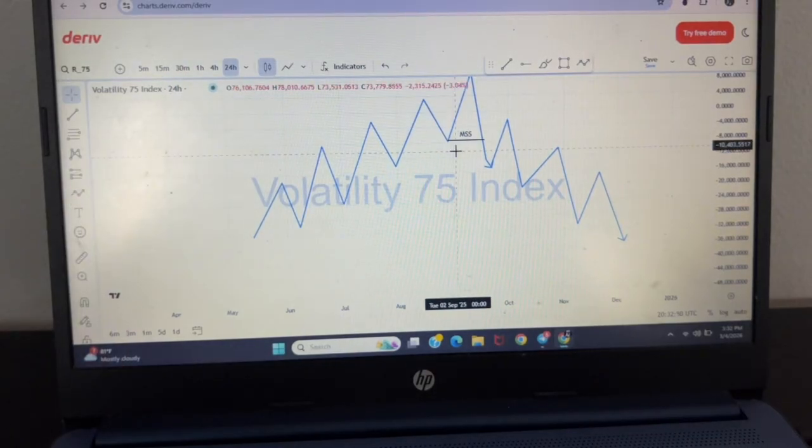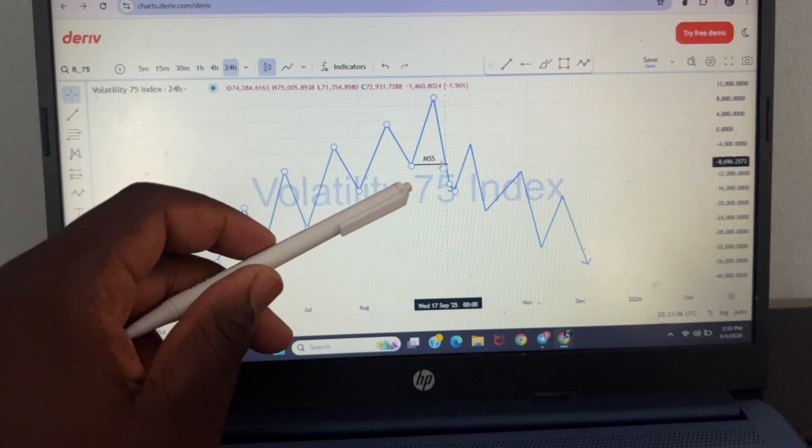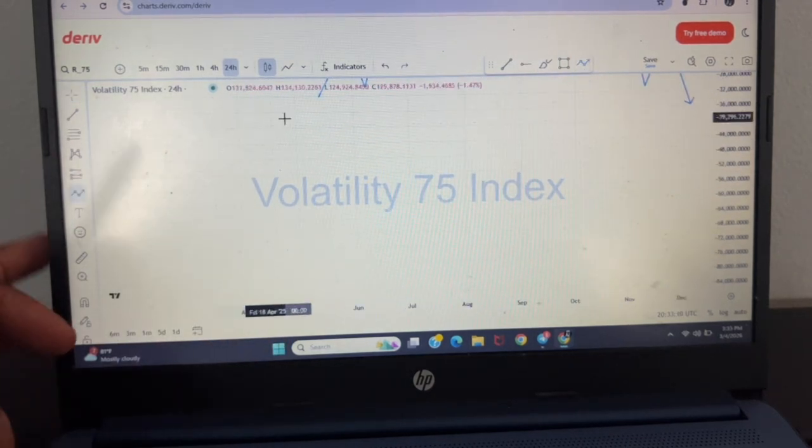So whenever price breaks below a higher low, it gives you a signal that price wants to reverse. Price wants to start making lower highs, it doesn't want to continue this uptrend. So this signals that price wants to reverse. That's an uptrend example.